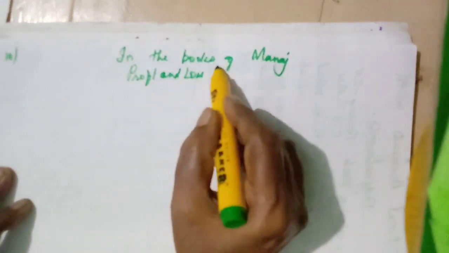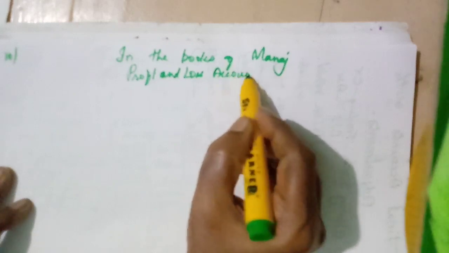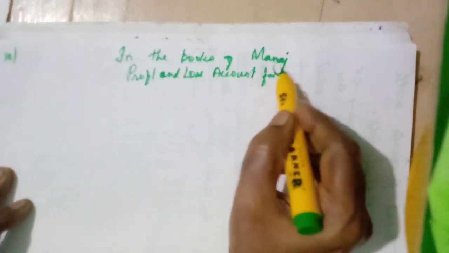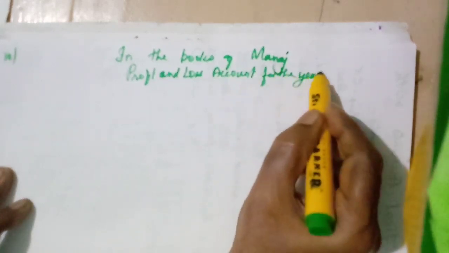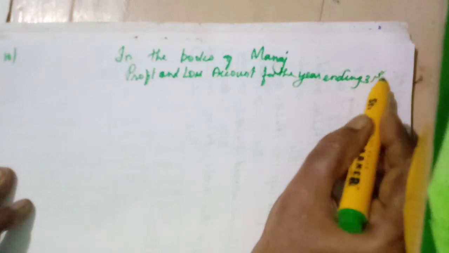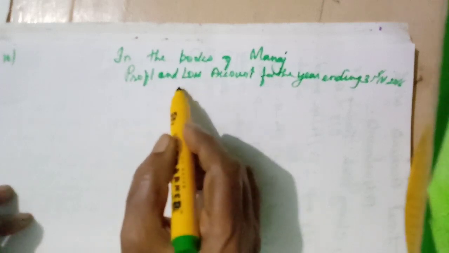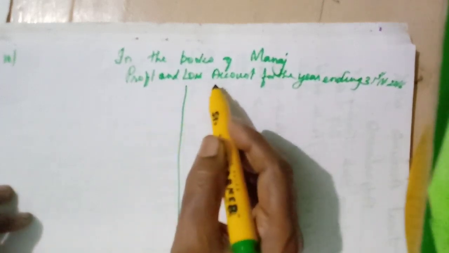So profit and loss account for the year ending 31st March 2016. First item is given, the gross profit.